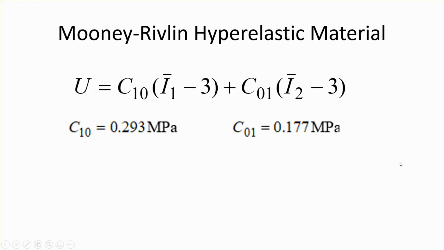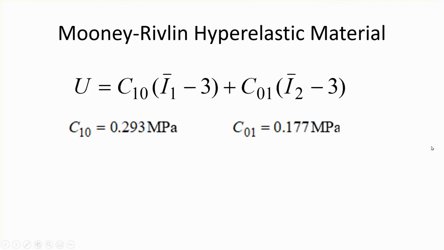In real life, we run a series of uniaxial, and perhaps torsion and shear tests, and you give that information to some magic package, and it extracts C10 and C01 for you.